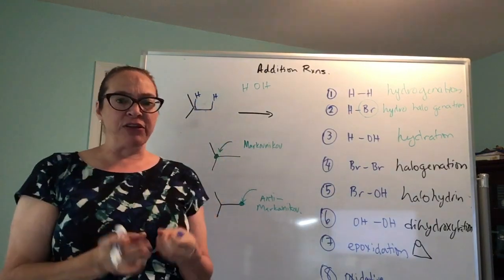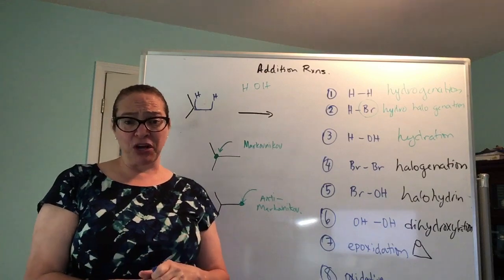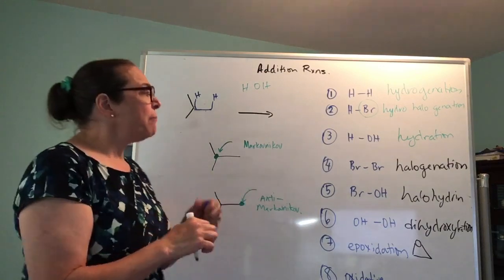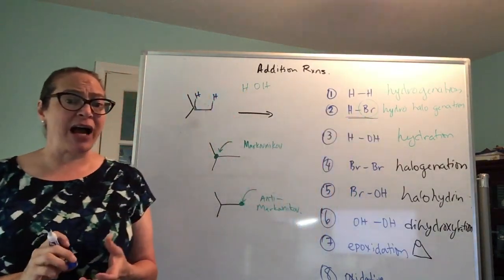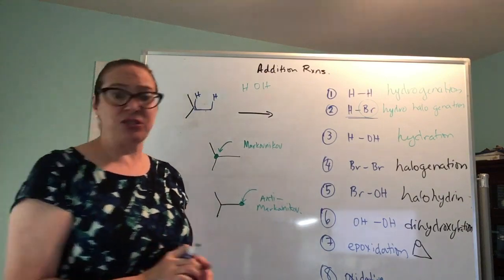Since I cannot tell the difference between the hydrogens, it doesn't matter which hydrogen goes to which carbon, it's going to be exactly the same. But if I have something that is different, so in this case a hydrogen and a bromine, then I really have two possibilities, don't I?